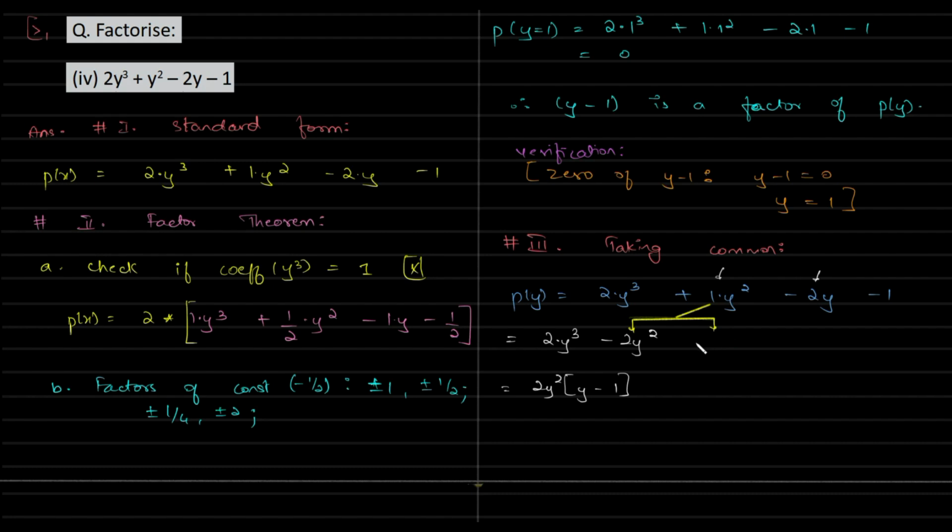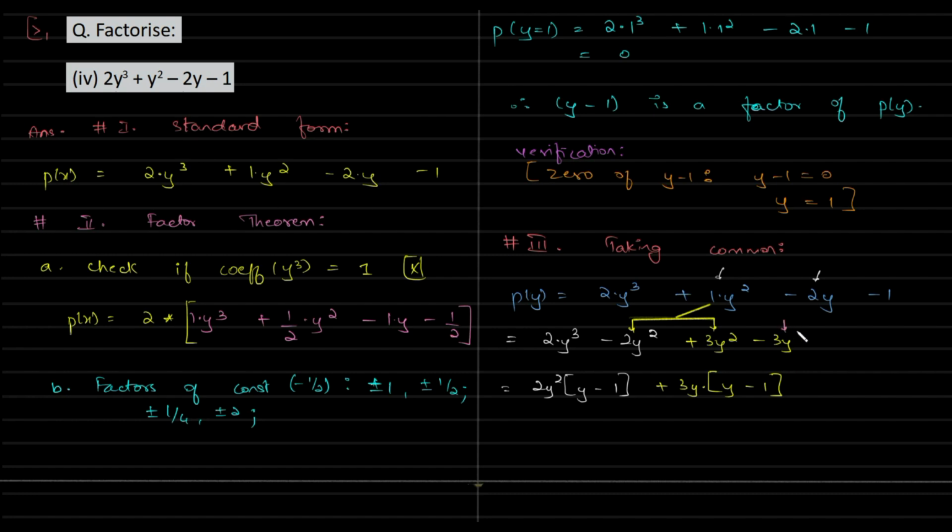That will be plus 3y square. And here too I need y minus 1, remember. So what should I take? Plus 3y. Plus 3y into y is 3y square. And at last, what should I write over here so that I get minus 1? Minus 3y, right? Plus 3y minus 1 is minus 3y. Does it make sense?